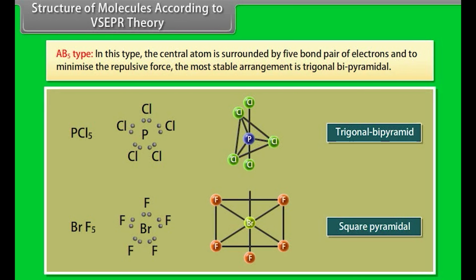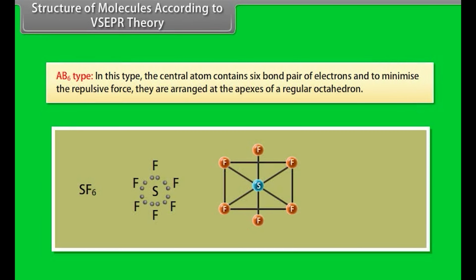In this type, the central atom is surrounded by five bond pair of electrons, and to minimize the repulsive force, the most stable arrangement is trigonal bipyramidal. AB6 type. In this type, the central atom contains six bond pair of electrons, and to minimize the repulsive force, they are arranged at the apexes of a regular octahedron.